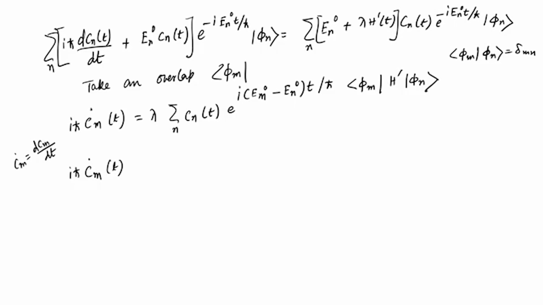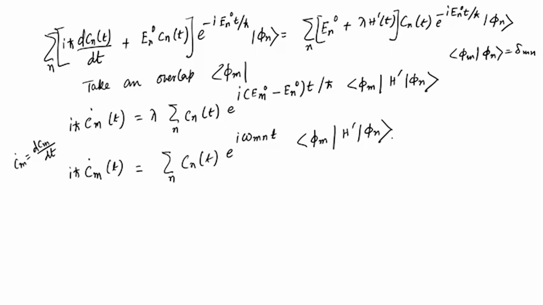Make sure that the dot is put bold such that one does not miss it. I drop this lambda for now, and then we have a sum over n, C_n(t), exponential i omega_mn t, and then we have this matrix element of h prime between the basis states of h_0.